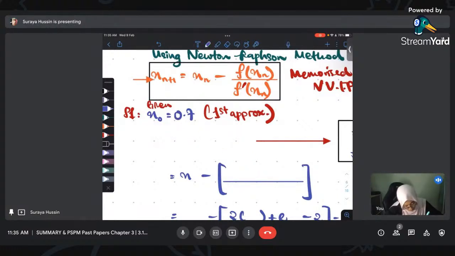So X1, I want to find X1. X1 is equal to X0. Kenapa X0? Sebab dekat sini sebenarnya 1 plus 0 ataupun 0 plus 1. 0 plus 1 is actually X1, betul tak?